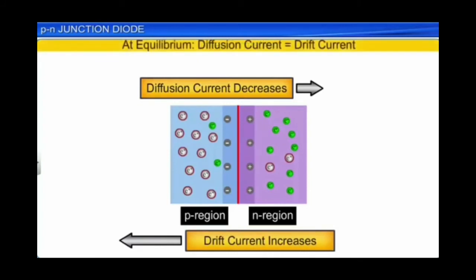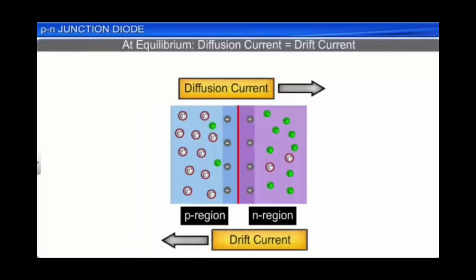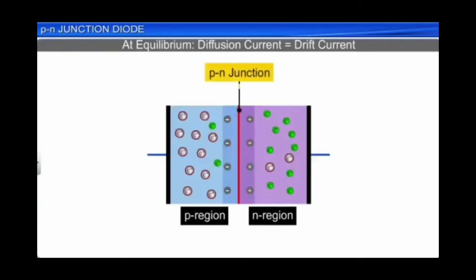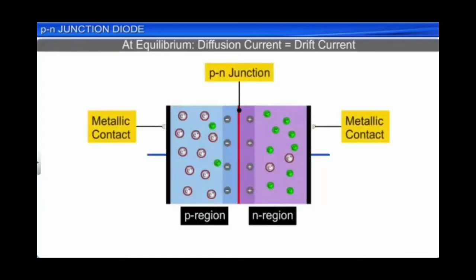So when the diffusion current decreases, drift current increases, and at one particular point both these currents, which are in opposite direction, become the same in magnitude. Therefore the net current flow across that barrier in the middle will be equal to 0. So we say the equilibrium is reached, and we say that the PN junction is formed.